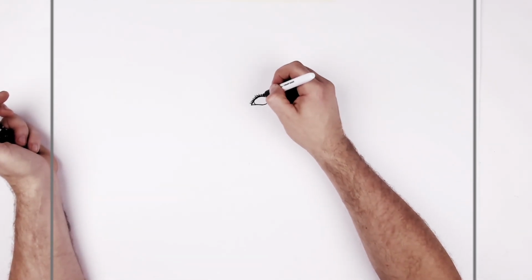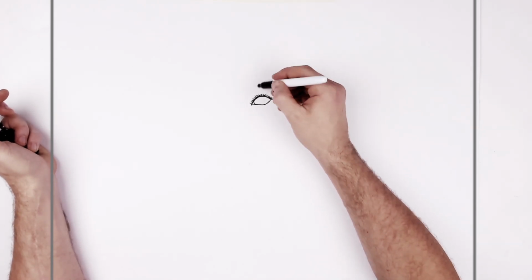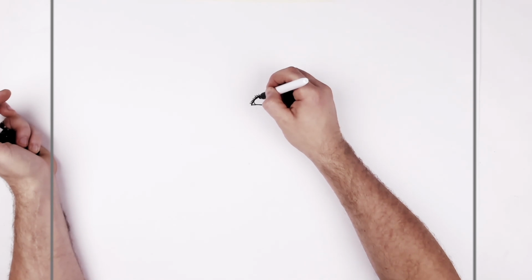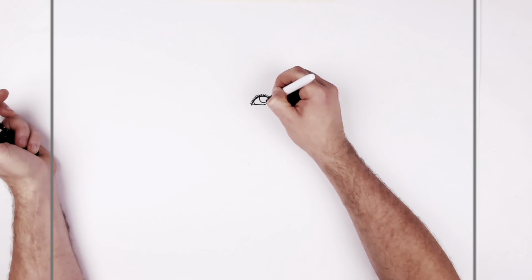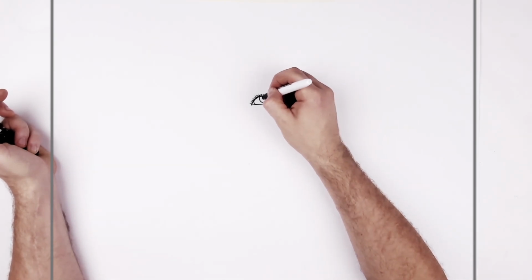And then her iris and her pupil, so she's looking over to the right, right? So it goes like a half circle. There. And then her pupil is somewhere in the middle.